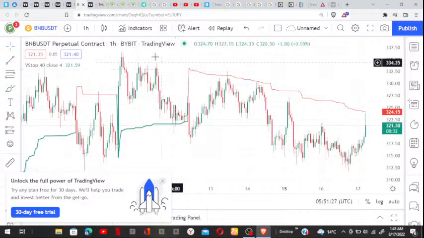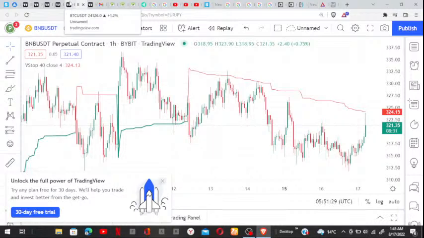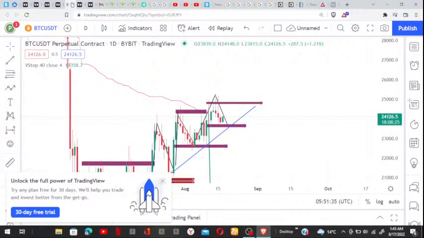This is BNB, but basically I've given out my analysis for BTC USDT. What I talked about BNB is just because they are almost the same. Most of the coins always follow the movement of Bitcoin, so that's why you'll find me saying something on the side. But always analyze your charts, don't just enter the market blindly.